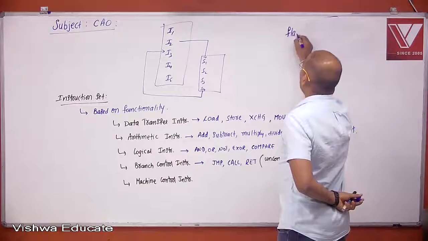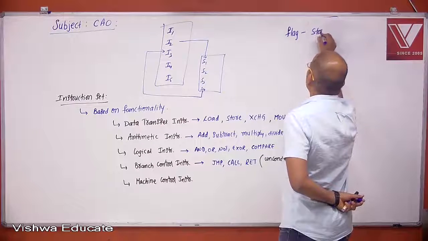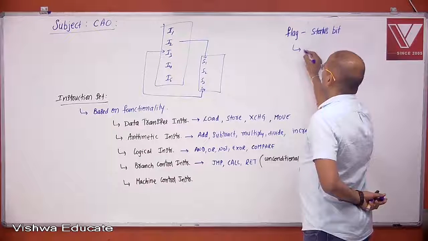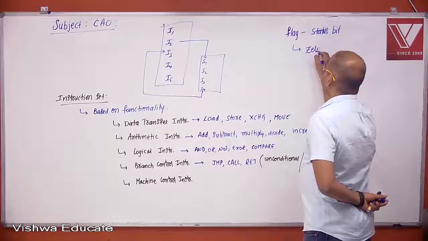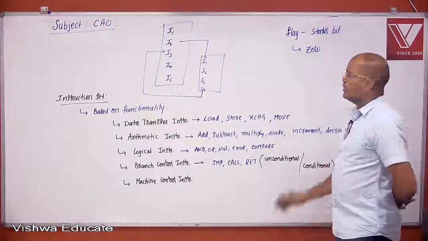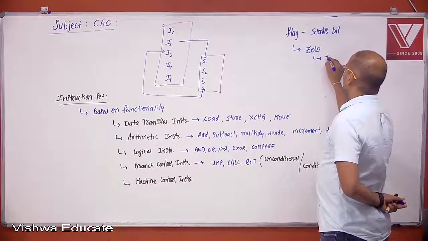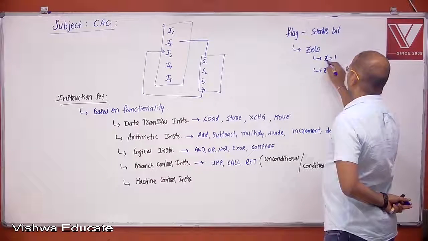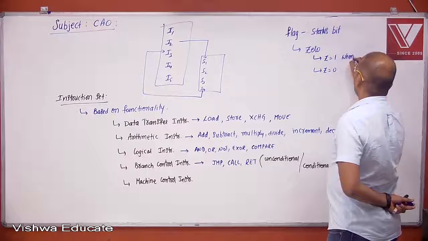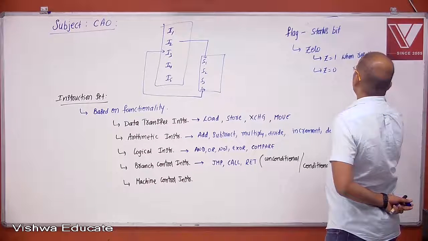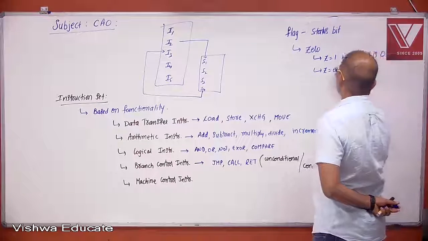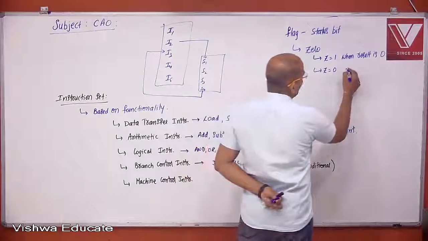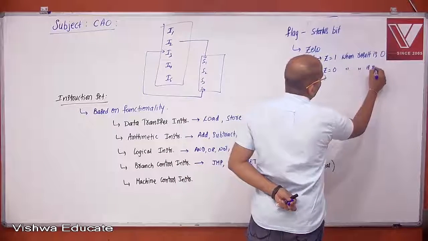Basically, a flag is a status bit. Assume I have a flag called the zero flag. Z is 1 when the result is 0, and Z is 0 when the result is not 0.